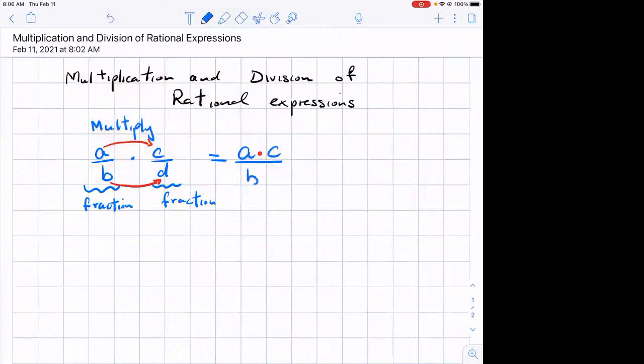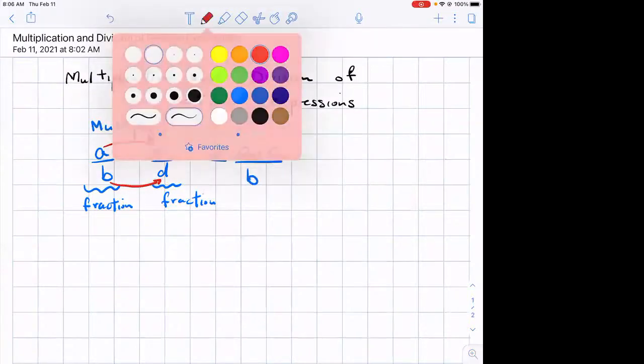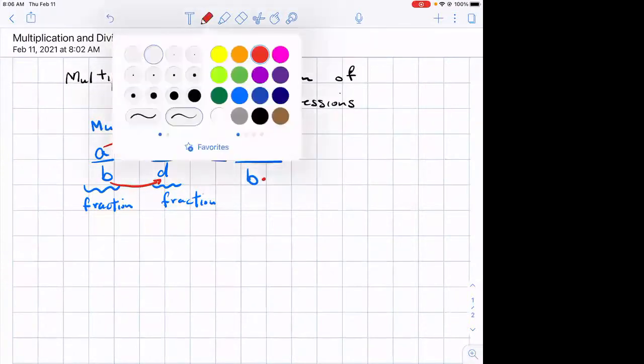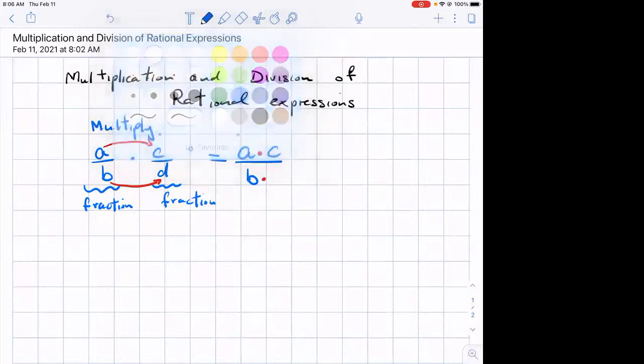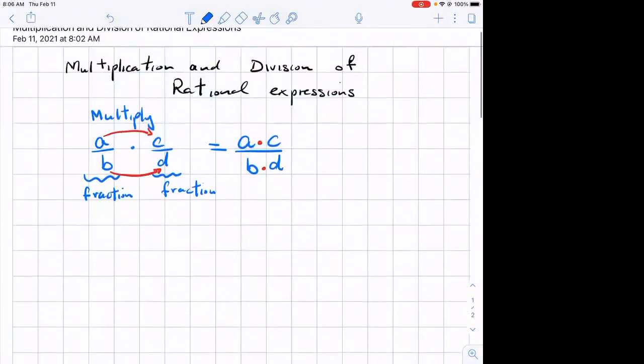And this becomes B times D. Okay, so when we multiply, that's generally what we do. And you will see sometimes we also have to simplify by factoring terms.